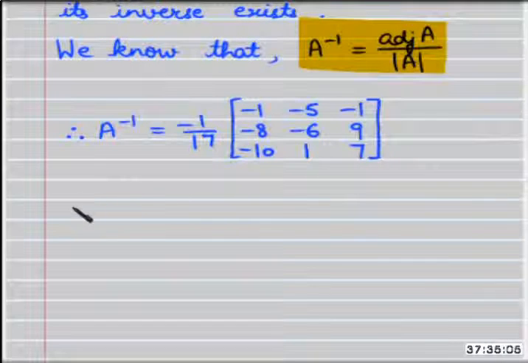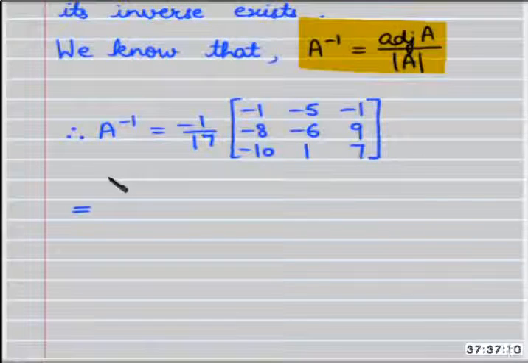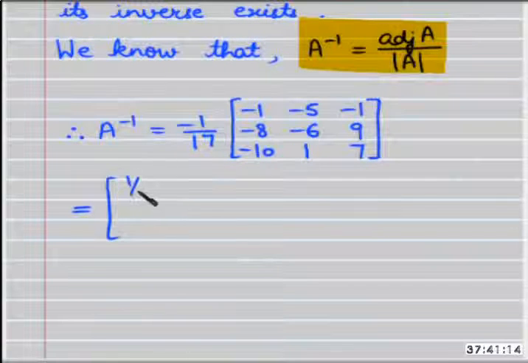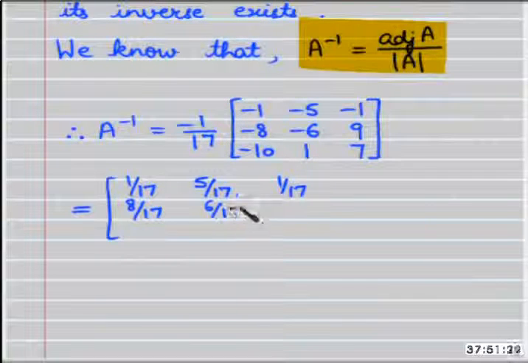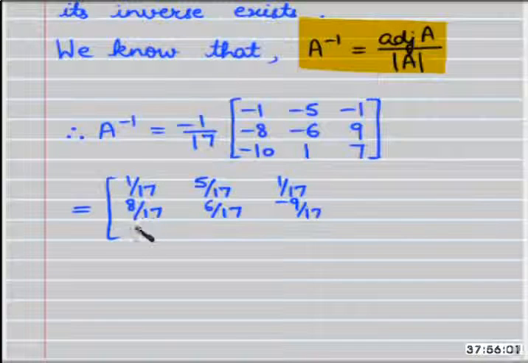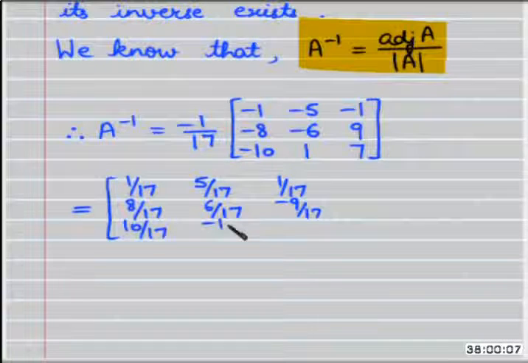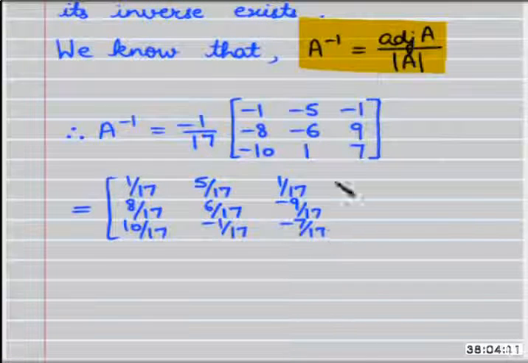Which is equal to 3 by 3 order square matrix whose first row elements are 1 by 17, 5 by 17, 1 by 17. Second row elements are 8 by 17, 6 by 17 and minus 9 by 17. And third row elements are 10 by 17, minus 1 by 17 and minus 7 by 17.